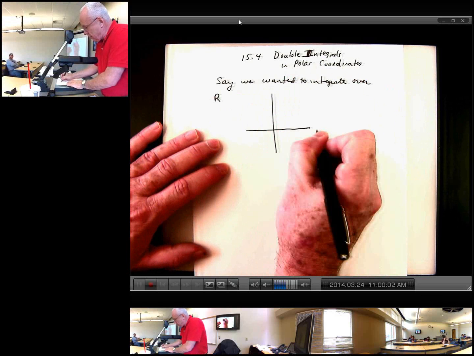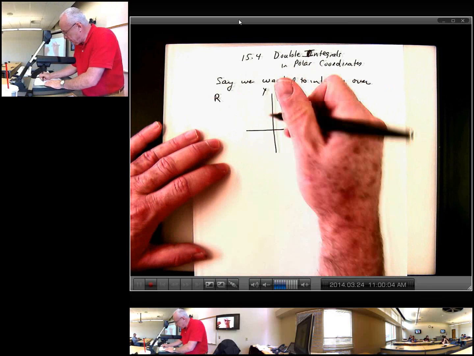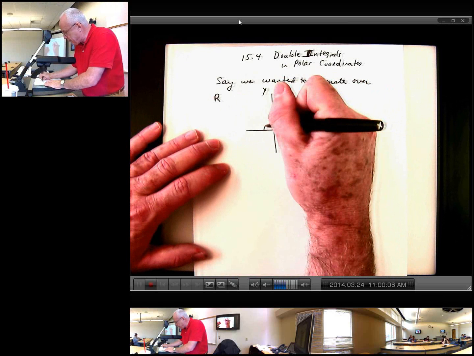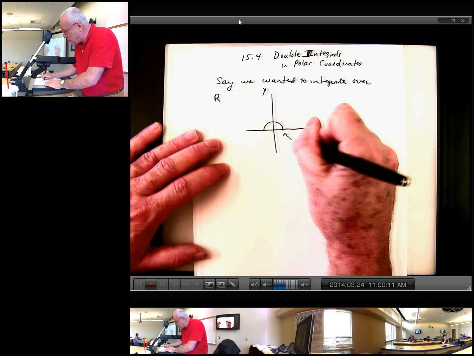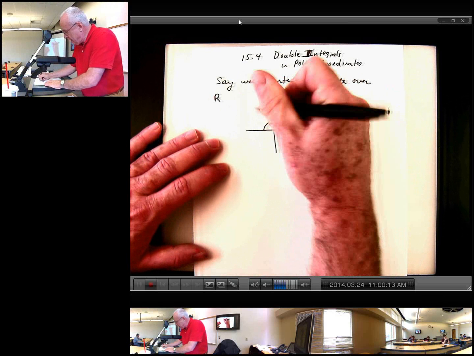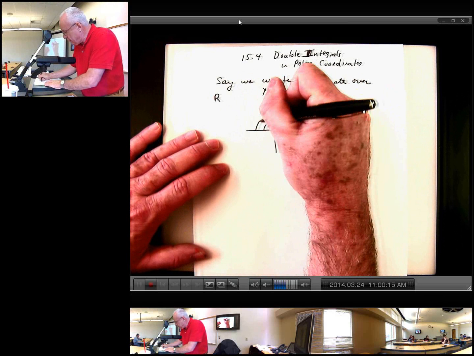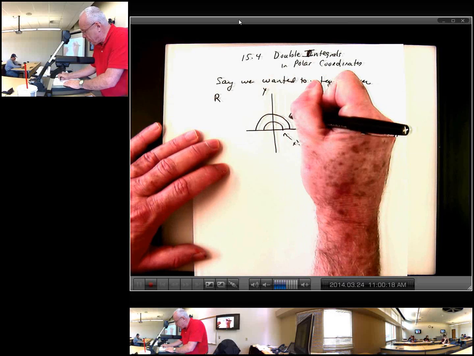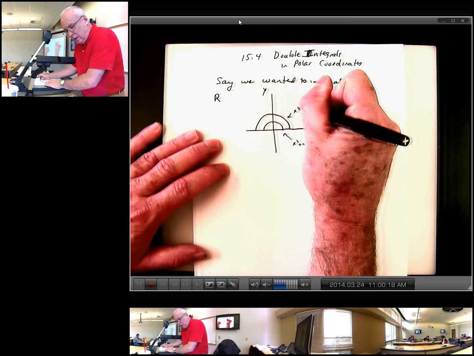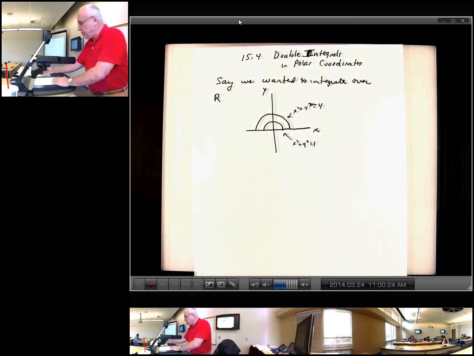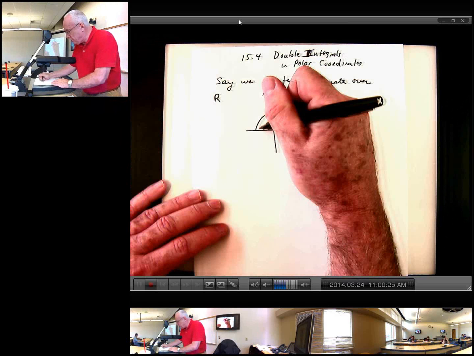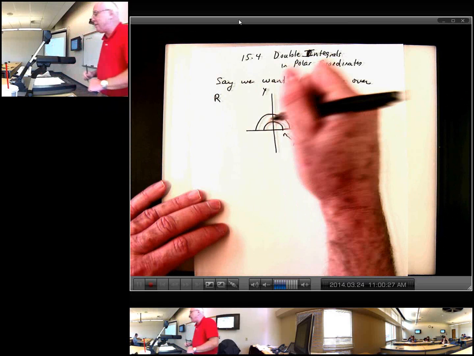Here's our xy plane, and the region here is between two half circles. This would be x squared plus y squared equals 1, and here is another half circle, x squared plus y squared equals 4. The region is what we would want to integrate over between those two half circles.